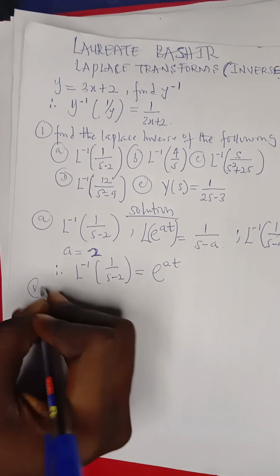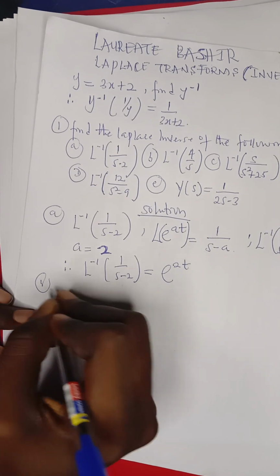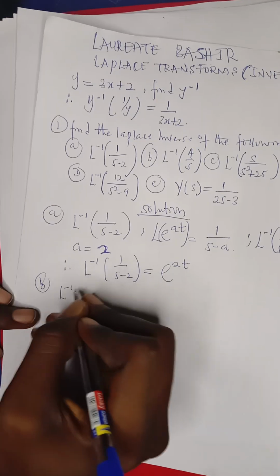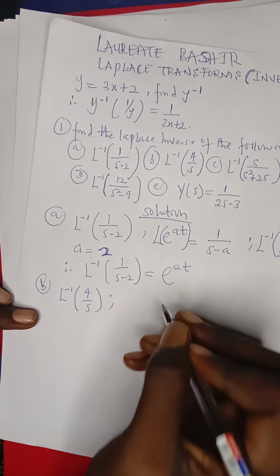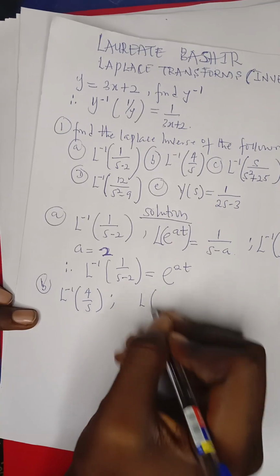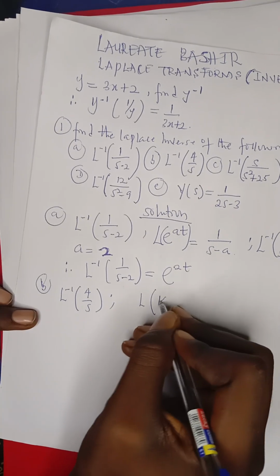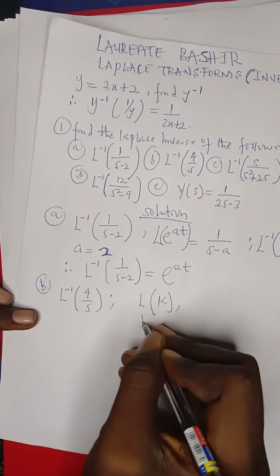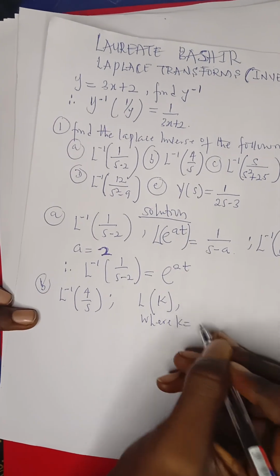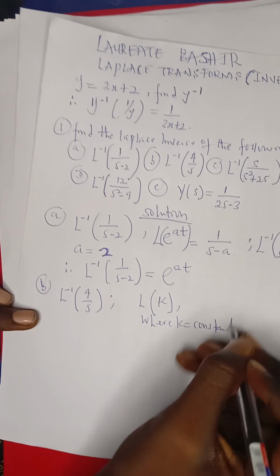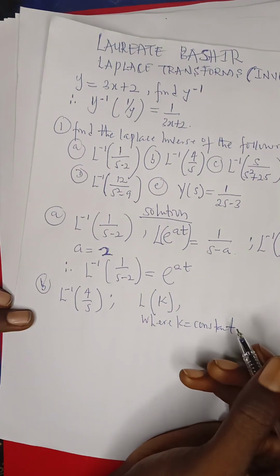B, you have the Laplace inverse of 4 over s. You could recall that the Laplace of k, where k is a constant, a constant can be any number, 1, 2, 3, 4, 5, anything.